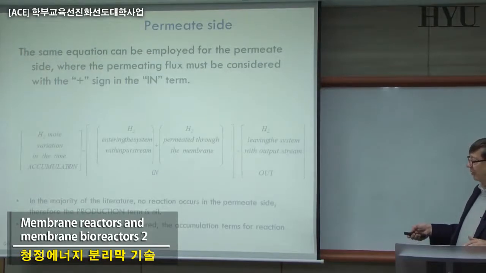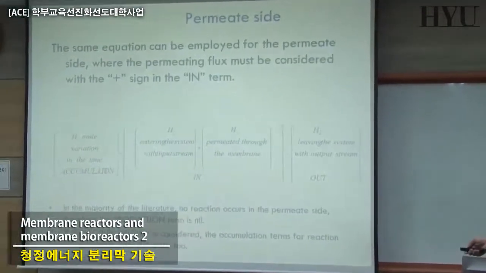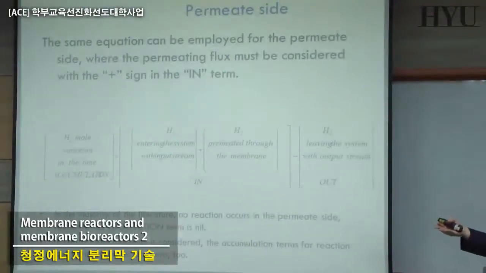Normally, in a lot of situations, on the permeate side we don't have reactions. So basically the production term here is negligible, is not considered. And the accumulation term on the reaction and permeate sides is also zero when you are in a steady state. When there is equilibrium, what is formed is also destroyed. So basically, you have a zero term.